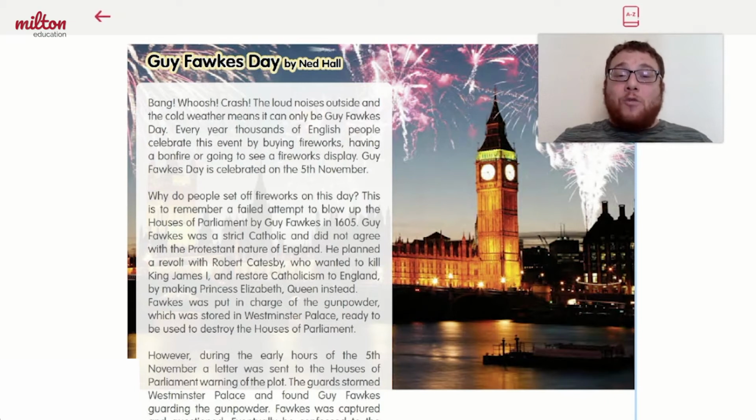You might want to know, for example, who is Guy Fawkes? You might want to know where he lived. You might want to know what happened when he tried to destroy the Houses of Parliament. These are all details of the text that could be extremely important.